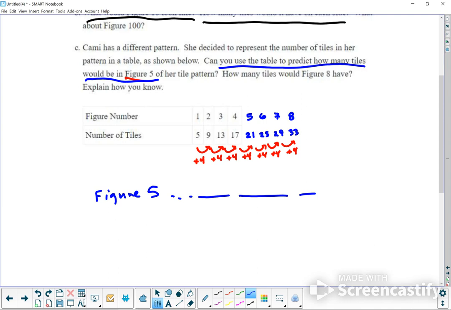Okay. So how many tiles would figure 8 have? Figure 8 would have 33 tiles, and how do you know? Well, you continue that pattern, and you added 4 each time. So that's how you explain it.